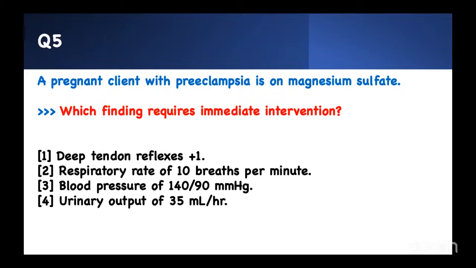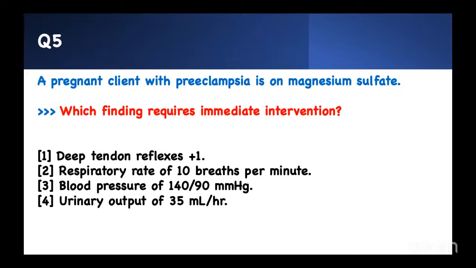That means which finding should I intervene on if I see it? If I give you magnesium for preeclampsia, I want to prevent seizures and eclampsia. That means magnesium is a neurodepressant. It depresses your nervous system. It depresses everything.